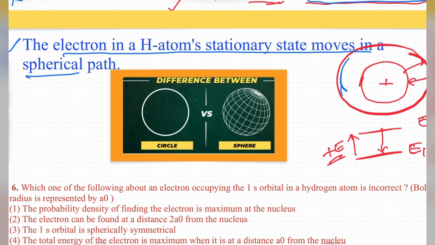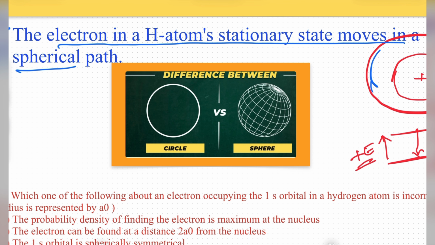All of you concentrate, students. This is a very important point. So this is a circle. You can see the left side is a circle, the right-hand side is a sphere, like our globe. That is the difference. So our atom is like a sphere, not like a circle.